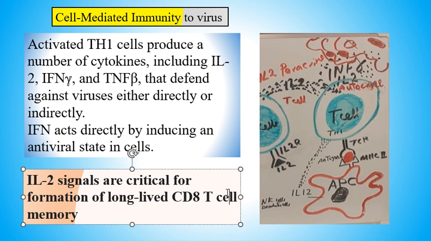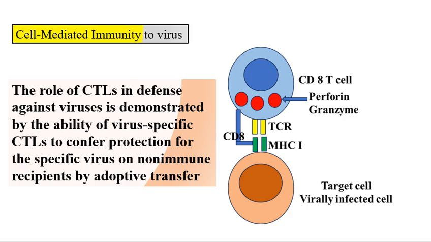So they are very important for this process. It is not only CD8 and NK cells, but also T helper cells that play a very crucial role in immunity against viruses.